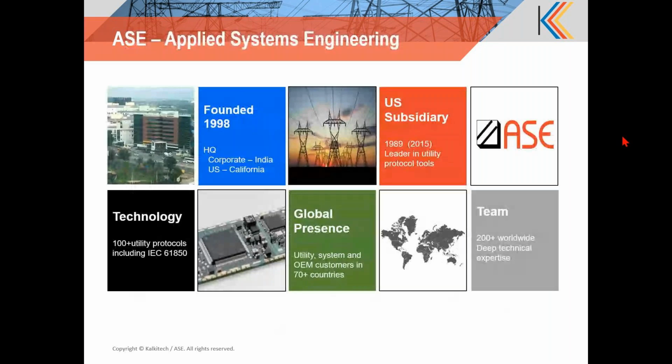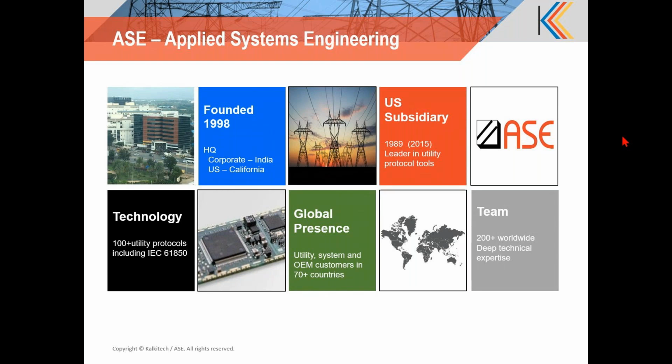Let us start with the introduction to Applied Systems Engineering. If you are not familiar with Applied Systems Engineering, ASE was founded in 1988 and Calcitech was founded in 1998. Later, in the 2014, 2015 timeframe, Calcitech acquired ASE.